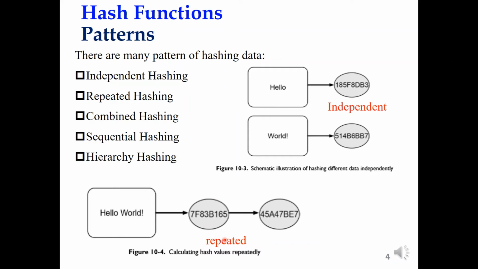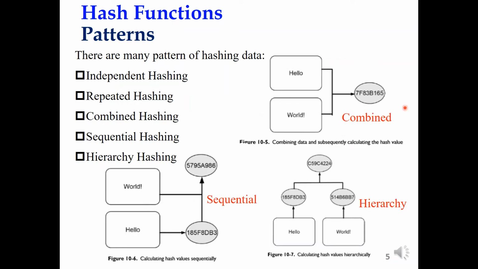Or this is the repeated hash: we first compute the hash of hello world and then compute the hash of that hash again. Or combined: we combine the independent words hello and world into one, and then calculate the hash of the combined word.